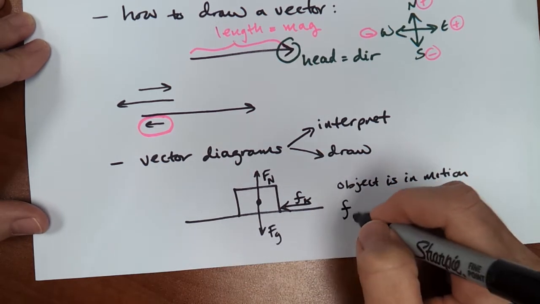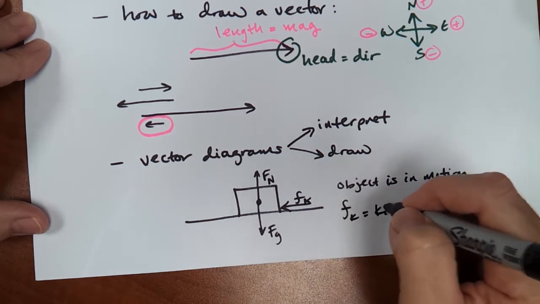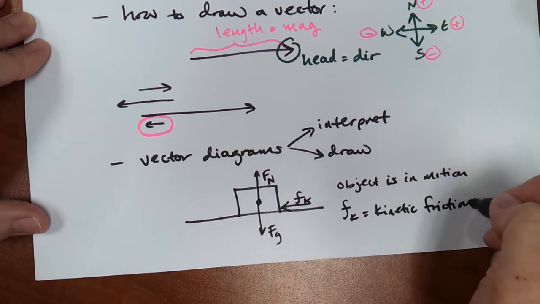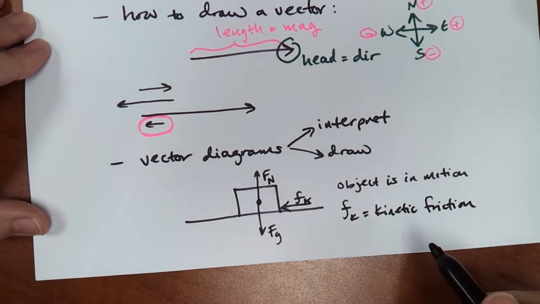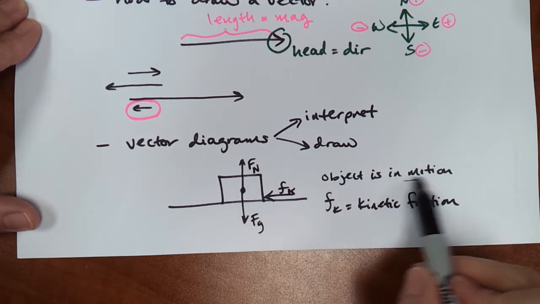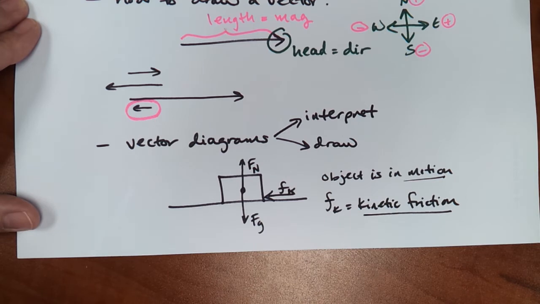Remember that Fk is kinetic friction, which is the friction that exists between a moving object and another surface. Surface could be at rest, surface could also be moving, but there is motion of a surface against another surface. So the object is in motion, it has kinetic friction.